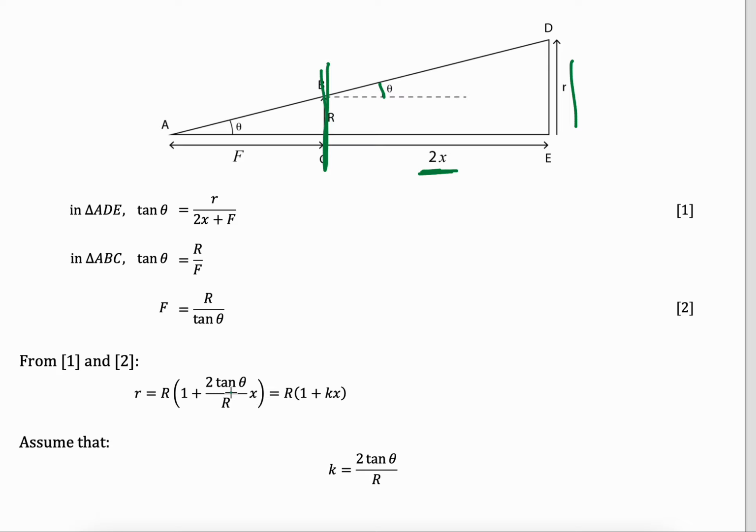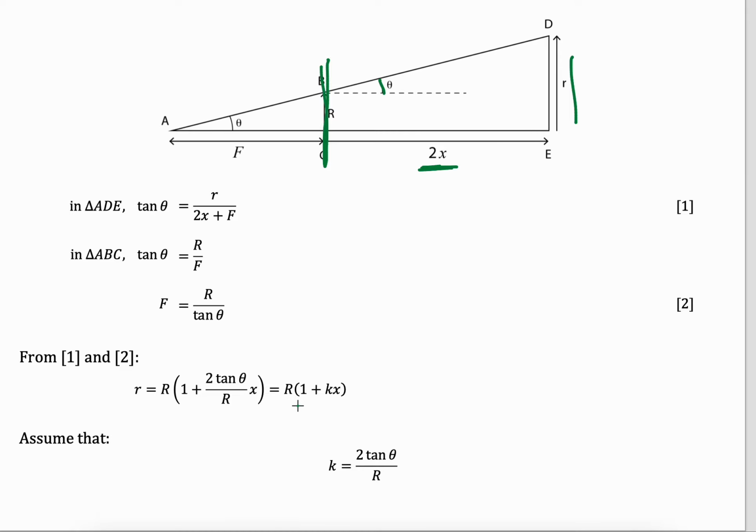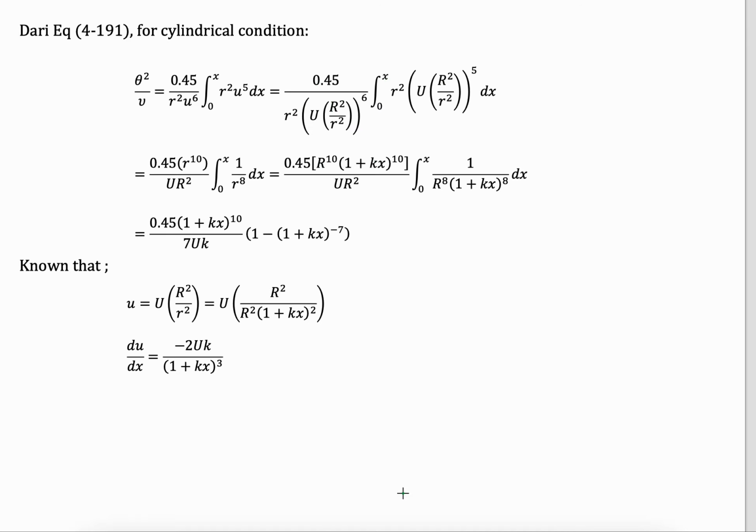From 1 and 2, we can simplify the value of r. Then we change the value of tangent theta with r over f, and simplify this as kx, where k is equal to tangent theta over r. Because we need to estimate the separation, we use Thwaites' equation. There are two forms, one for Cartesian coordinates and another for cylindrical coordinates.